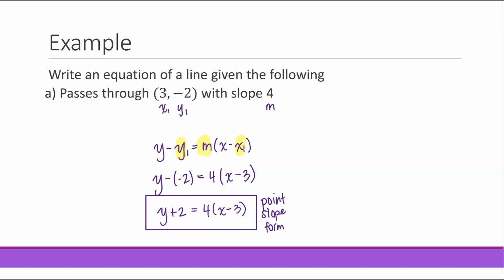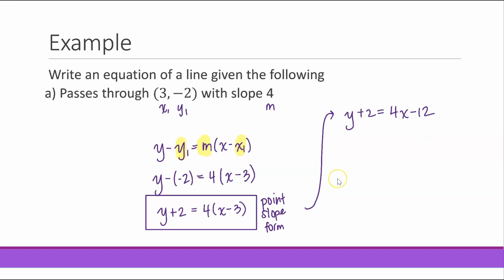Sometimes students really want to write their answer, though, in slope-intercept form. And that's fine. Let's review writing our answer in slope-intercept form, especially because the instructions might ask for that form. So I'm going to go ahead and bring my work up here and write y plus 2 equals 4x minus 12. I'm going to distribute the 4 in, and ultimately I'm solving for y.